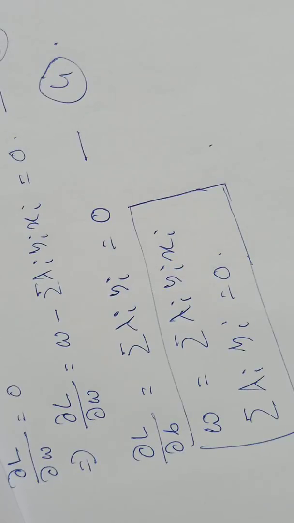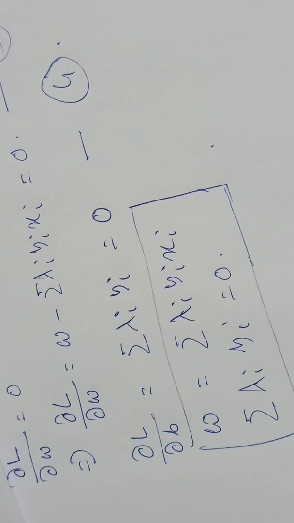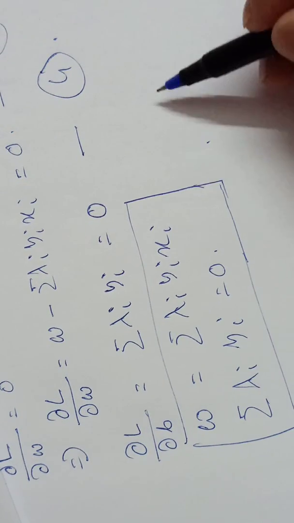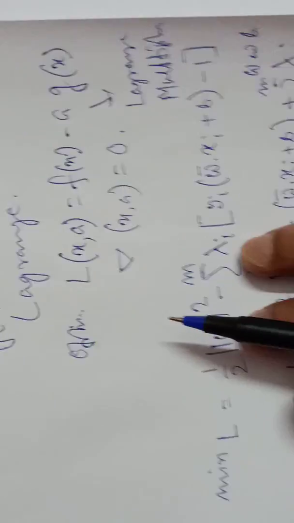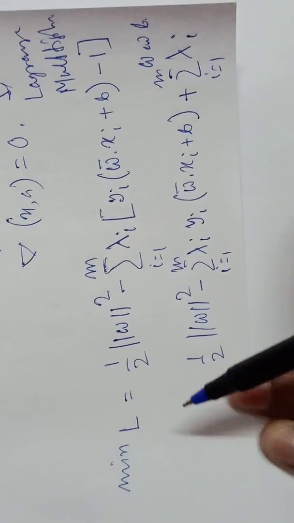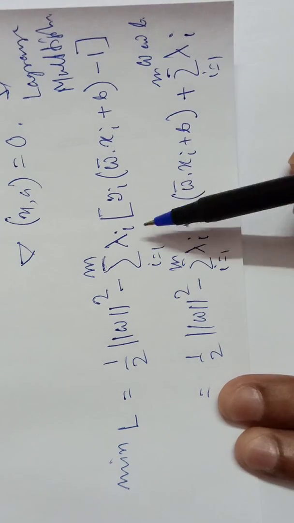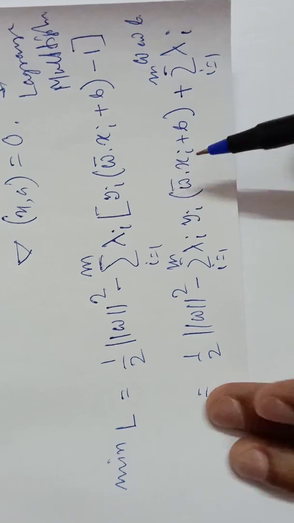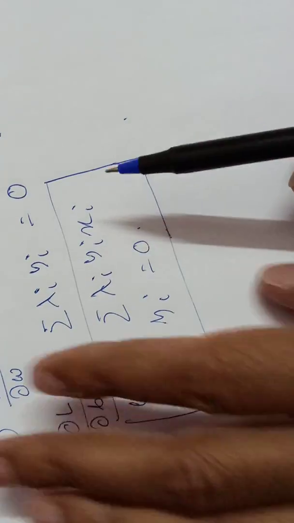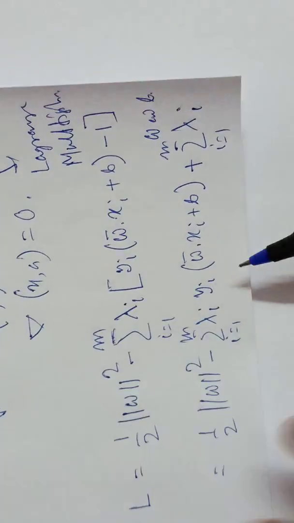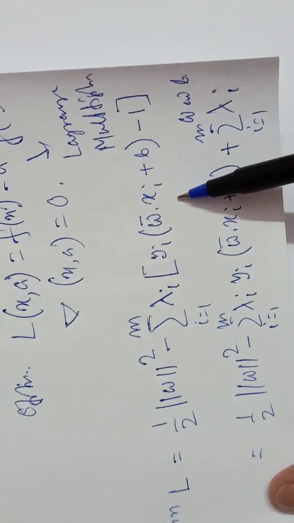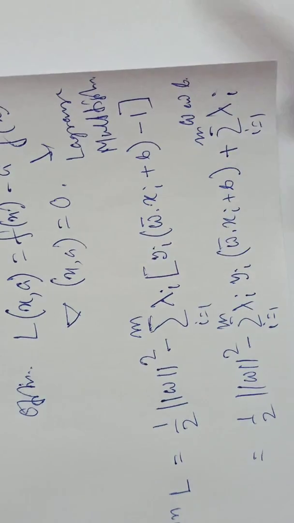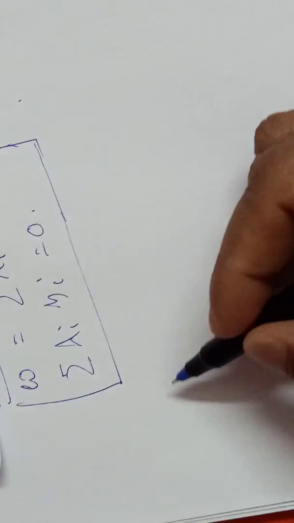After that what we will do, let us substitute these two values in the equation here. Okay, in this equation. So here we have got w, here also b. So if we place this value w from here, whatever we have got, and b from here, then we can replace all these values and we may get the value of minimum L.